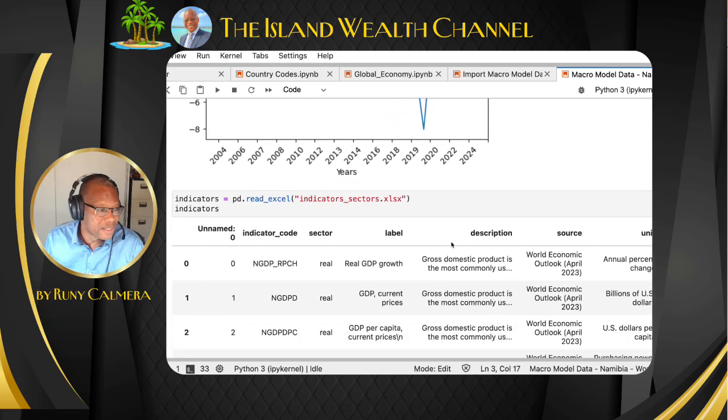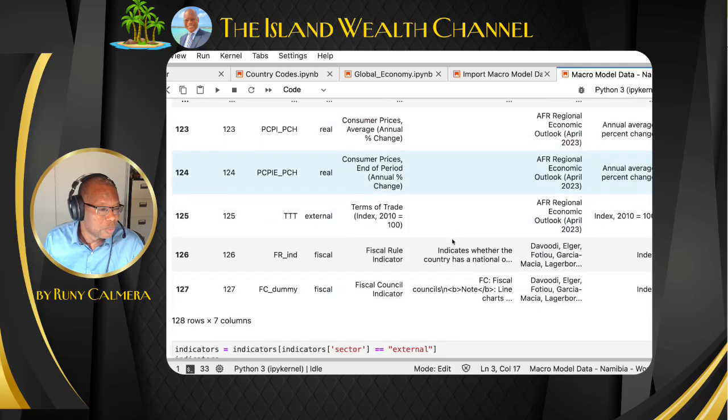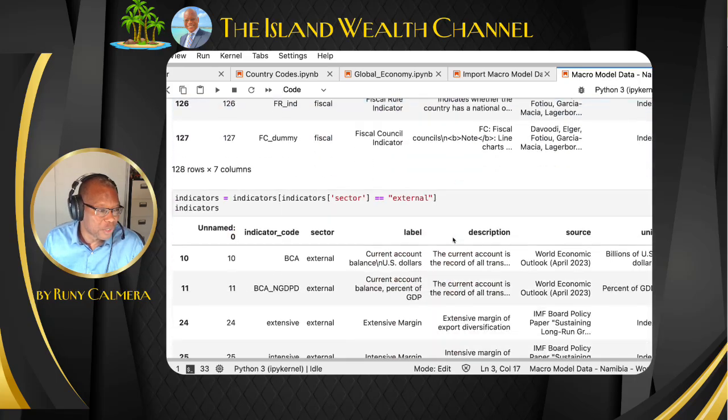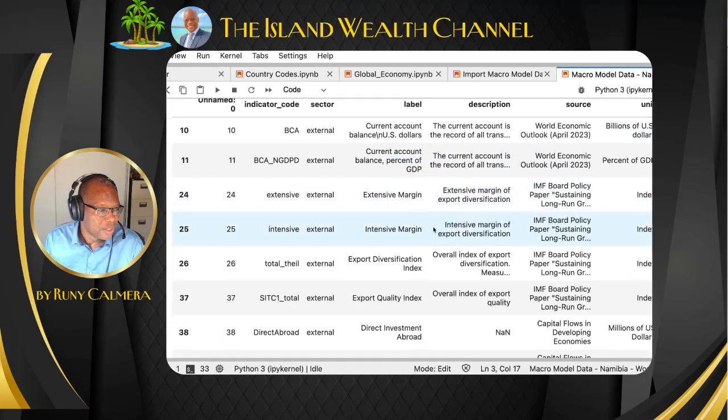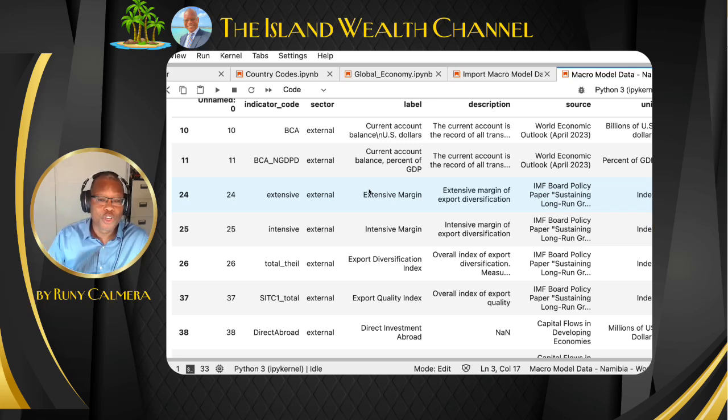So look at this, Namibia. Fiscal sector, external sector, all these are the sectors, the indicators to just trade with the world. Now if Namibia trades with the world, you want a menu of all the indicators that show you how their trade is doing. Are they becoming rich?